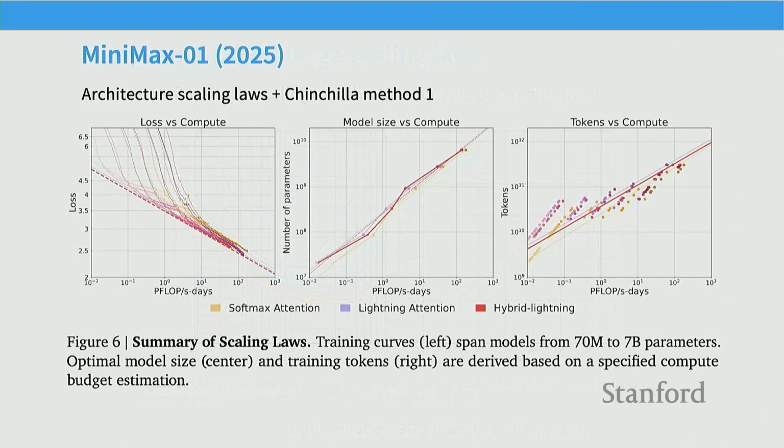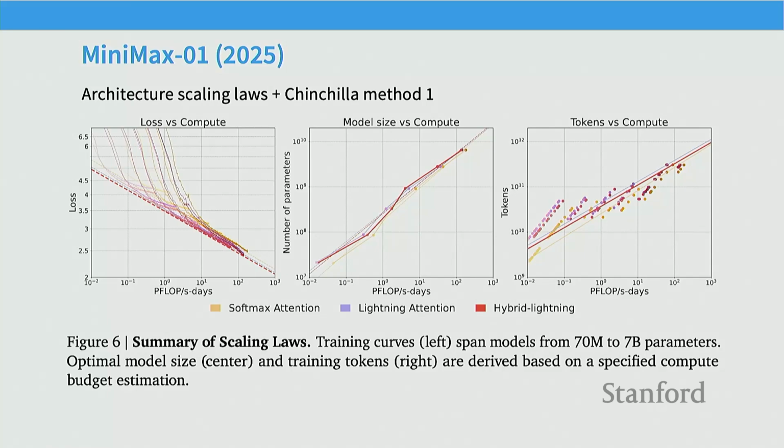Okay, the last one, which is honestly a little bit more of an exotic scaling law over the last year, is Minimax 1, which came out pretty recently. Minimax 1 is a linear time, long context language model released by another Chinese startup.